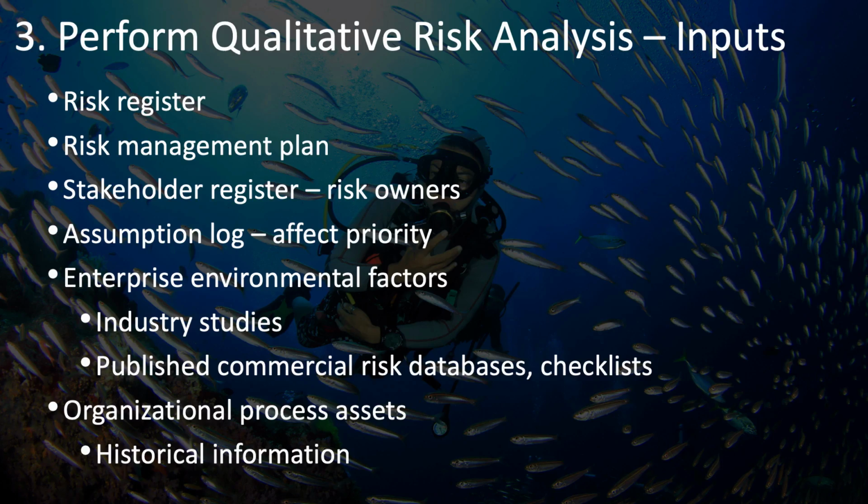And some of the assumptions and constraints in your assumption log can affect the priorities of your different risks. Enterprise environmental factors can include different industry studies and published commercial information. And you may also have within your organizational process assets some historical information on previous projects and their risks located in your lessons learned repository.